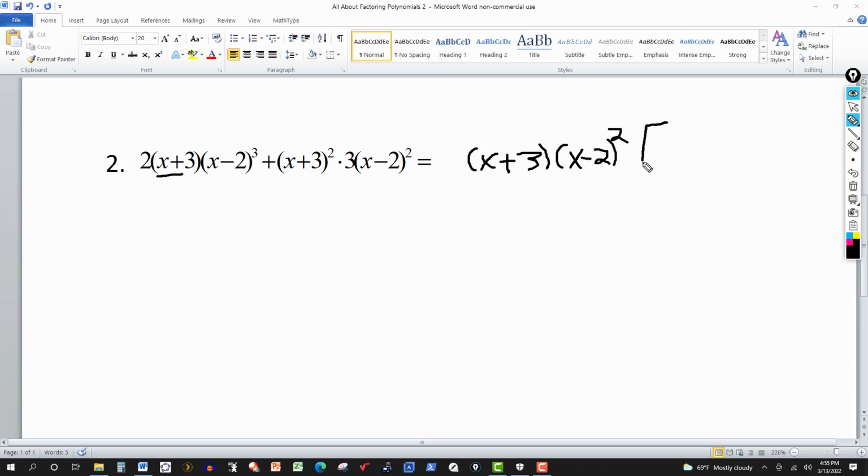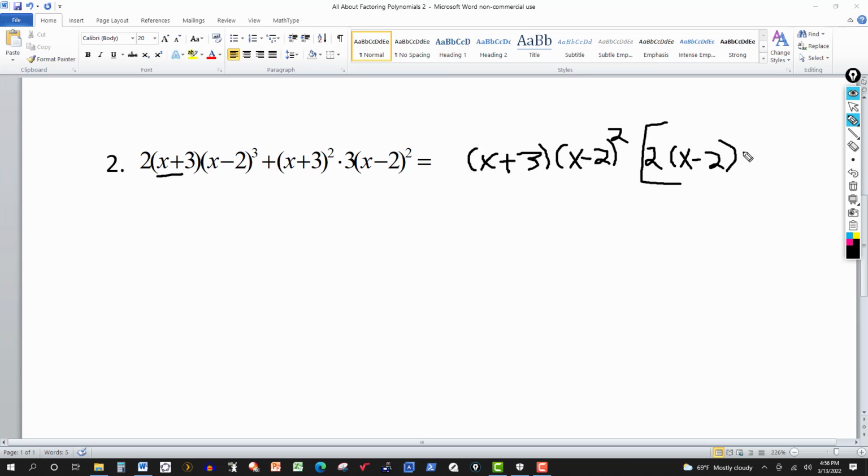Then if I take those factors out, what do I have left inside? I took out x plus 3, so that one's gone. And I took 2 factors of x minus 2. This one has 3, so there's one left over. We put x minus 2, that's to the first power. That's understood. I don't have to write the exponent. The 2 still stays there.